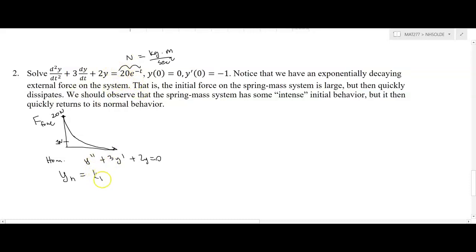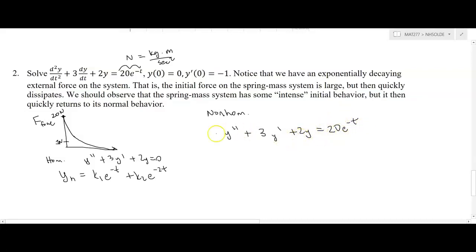So this is still going to be k1 e to the negative t plus k2 e to the negative 2t. All we have to focus on now is just the non-homogeneous component. So now we postulate a guess for y double prime plus 3y prime plus 2y equals 20 e to the negative t.